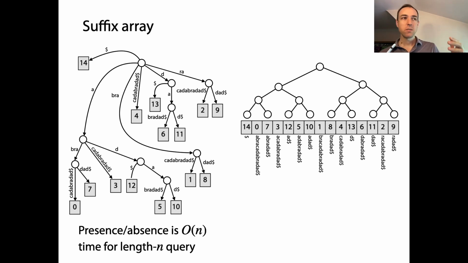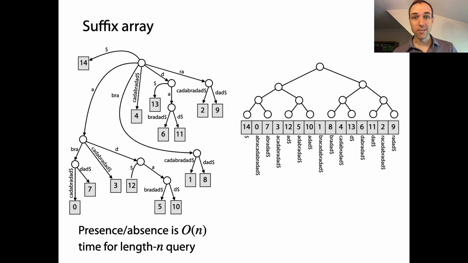We argued that for reasonable representations of the tree, we could do constant work per step, which meant that the query time was big O of n, where n is the length of the query string.